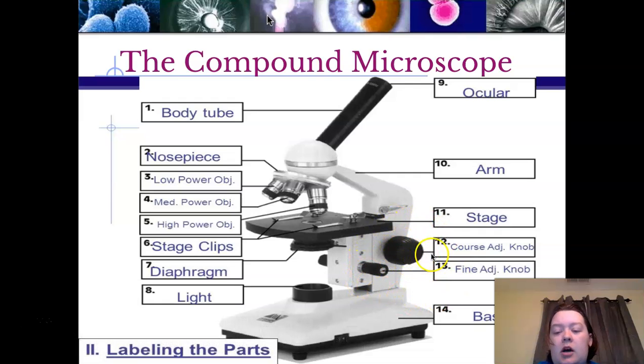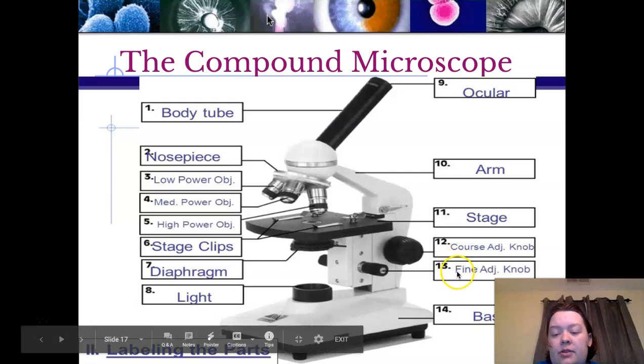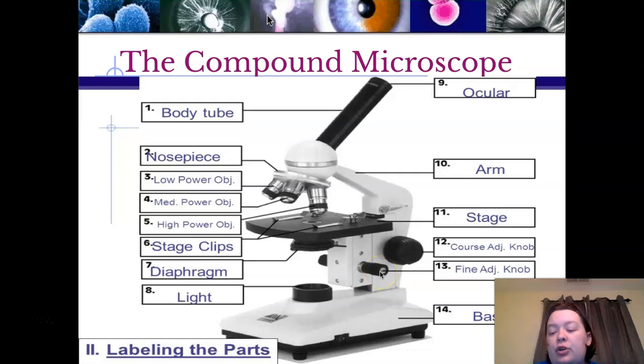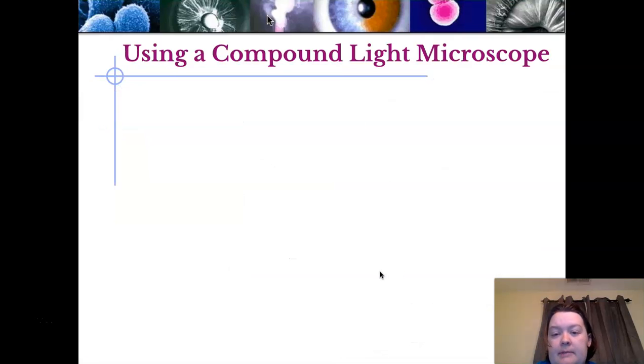The coarse adjustment knob is going to make large changes to how clear our image is. Once we're actually able to see our image, we use the fine adjustment knob, or the smaller knob here, to turn to make our image much more clear, but in a smaller way. So it makes smaller revisions to our resolution. So those are the pieces of the microscope. You're going to want to be familiar with those.